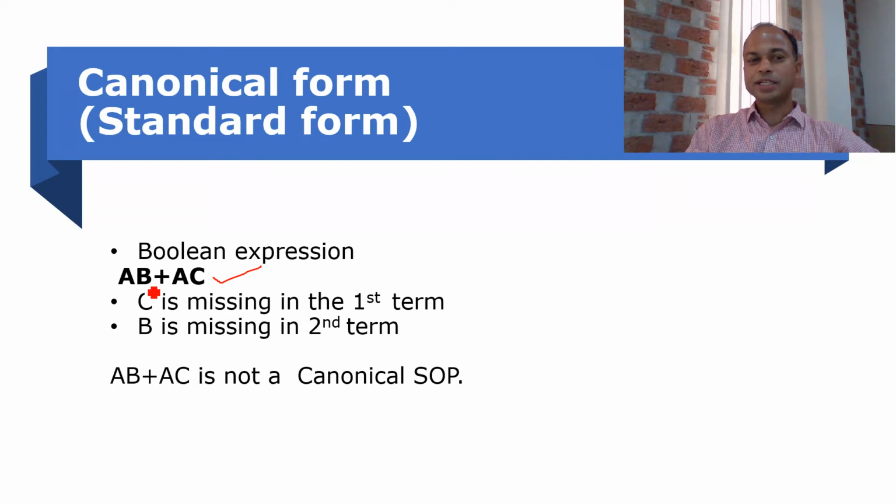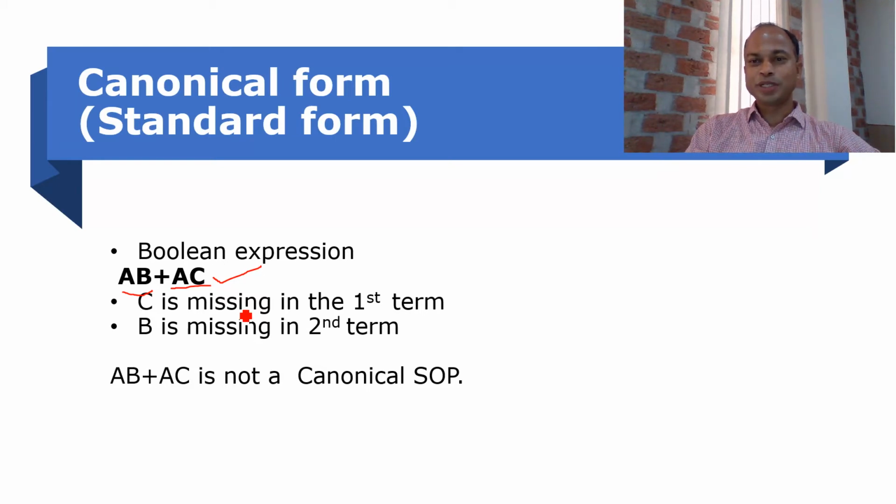In this expression, we have a total of 3 variables, A, B and C. In the standard form, every term should consist of 3 variables. I mean AB has only 2 variables, variable C is missing here. AC has 2 variables, variable B is missing here.